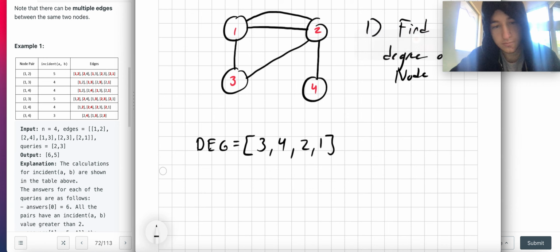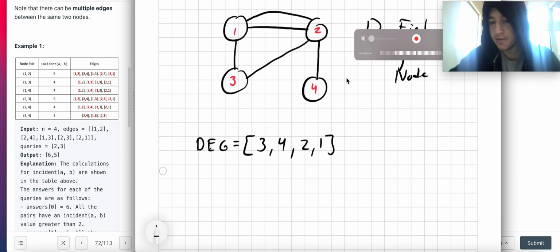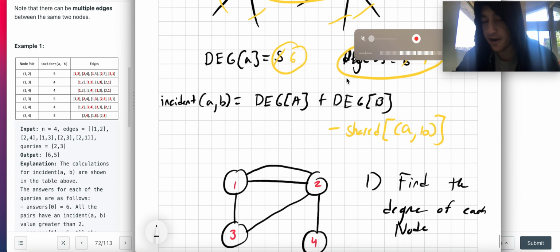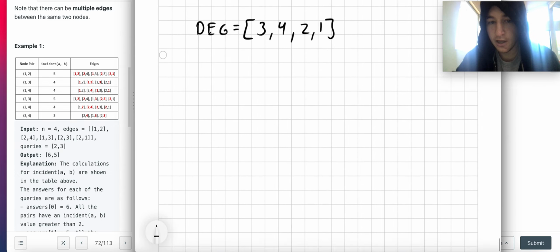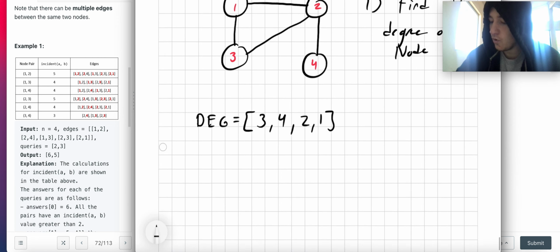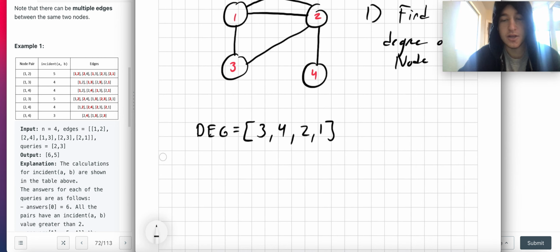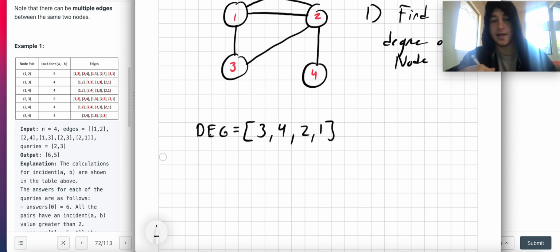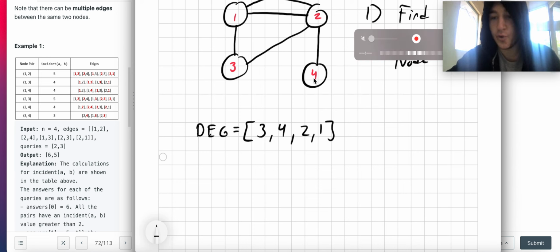Okay. And then what about this idea of shared? Well, the shared is just the number of edges between two nodes. We don't need to calculate all possible shared. Like, we don't need to look at the shared between 3 and 4 because there isn't a shared edge between 3 and 4.